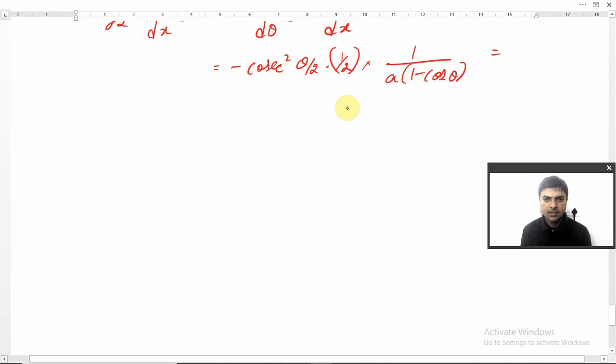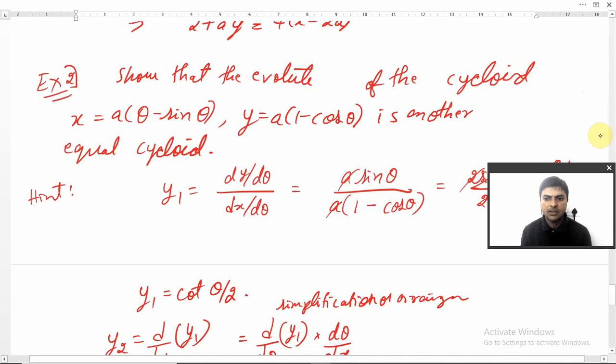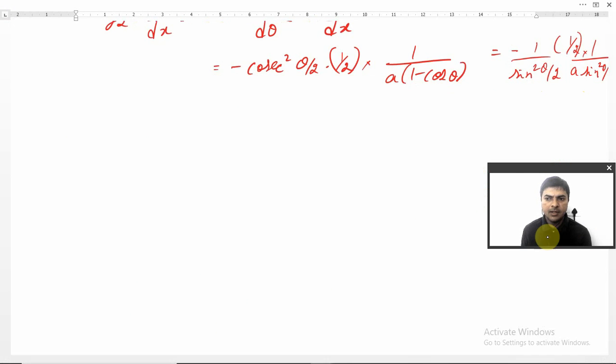So just in the simplification, this is minus 1 upon sin square theta by 2. This is as it is, 1 upon 2 as it is, into 1 divided by a into 1 minus cos theta, which is nothing but again 2 sin square theta by 2. So sin square theta by 2 and sin square theta by 2 will be there.